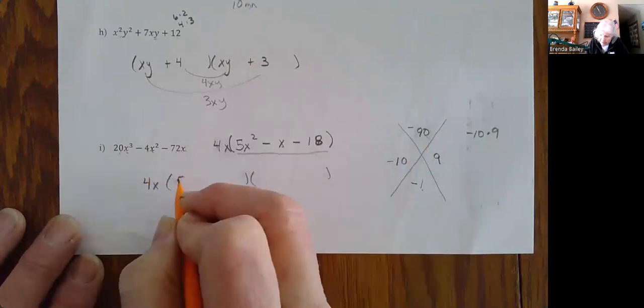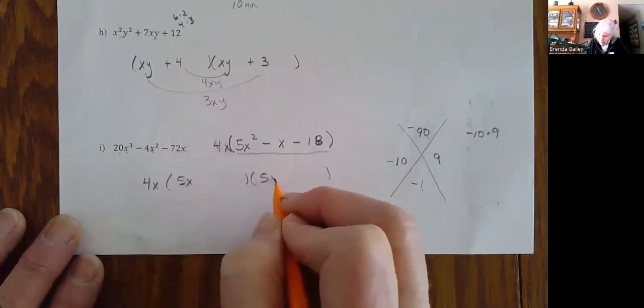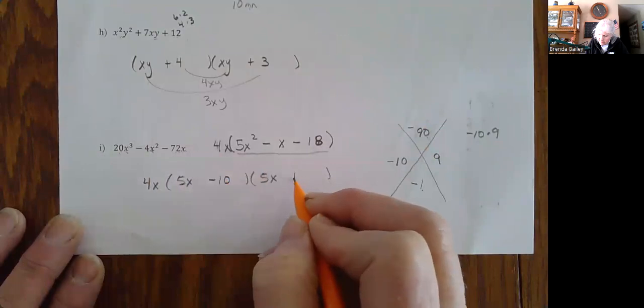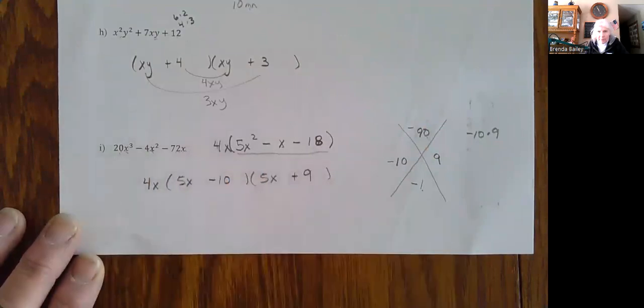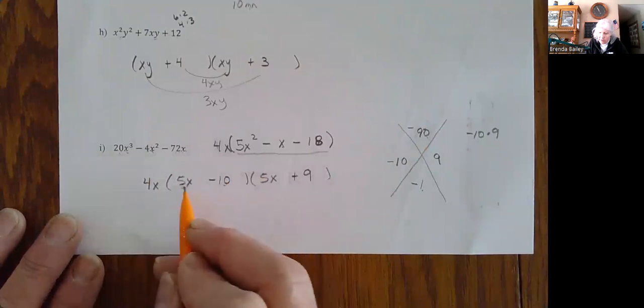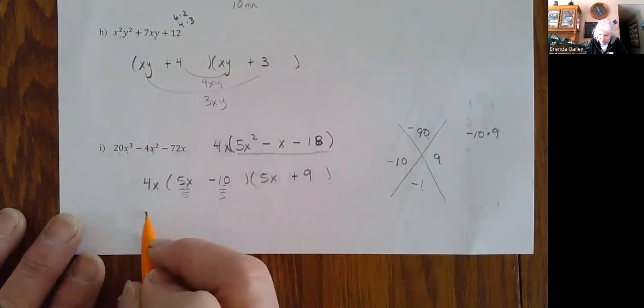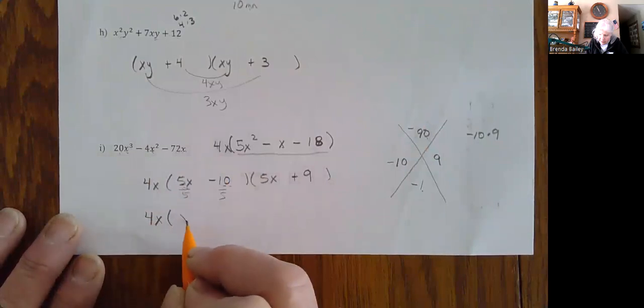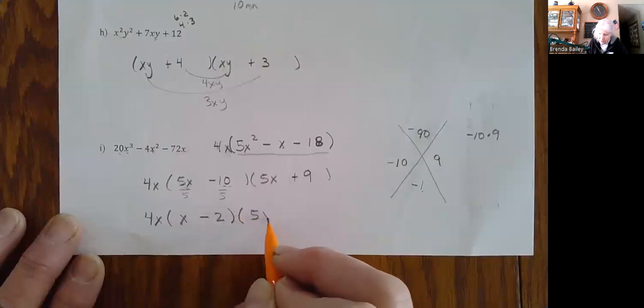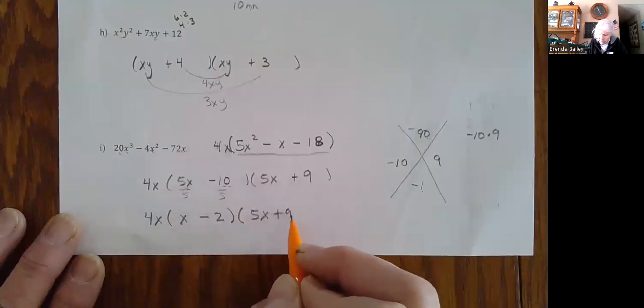We'll put in 5x and 5x, a -10 and a +9 goes in that spot. This one can be reduced because 5 goes into both of those. x - 2, 5x + 9, this one can't be reduced.